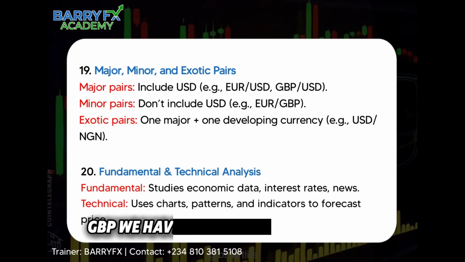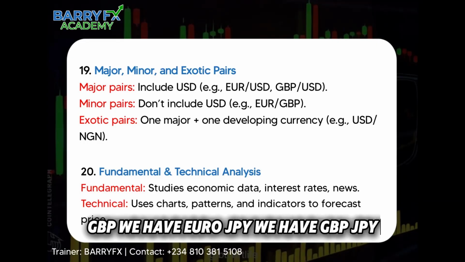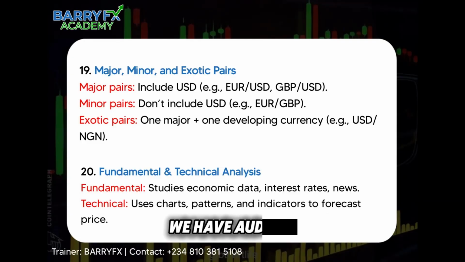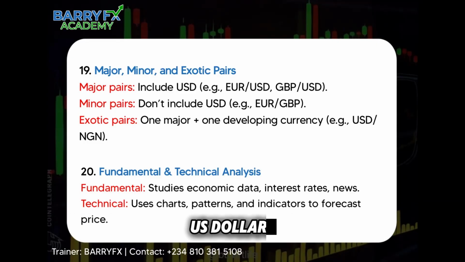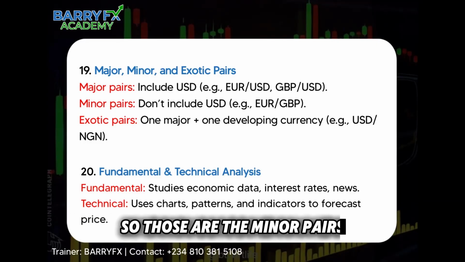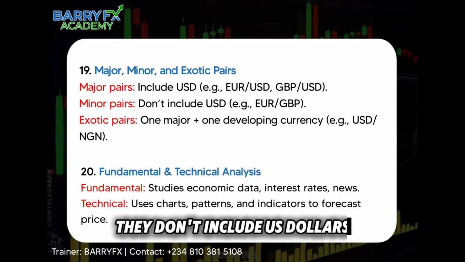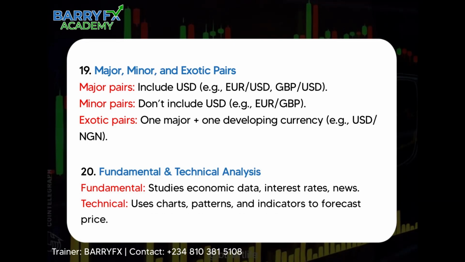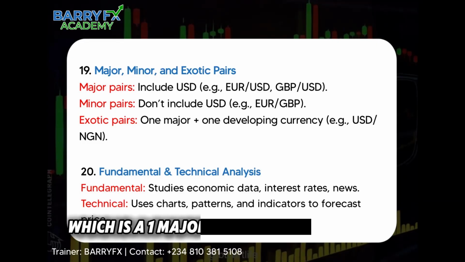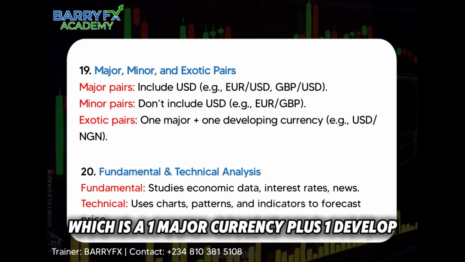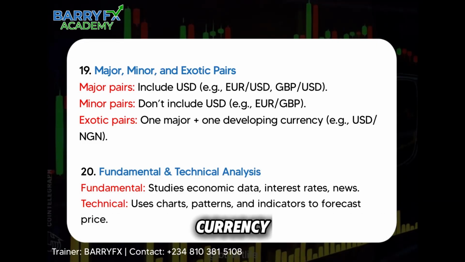So those are the minor pairs. Also we have the exotic pairs, which are one major currency plus one developing currency.